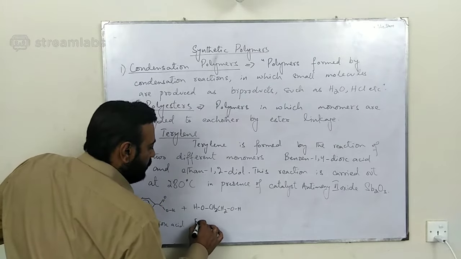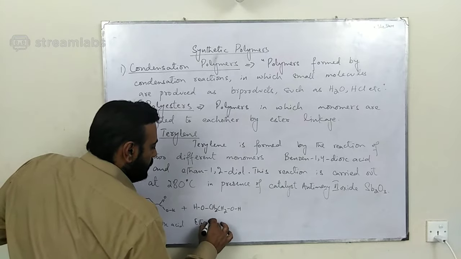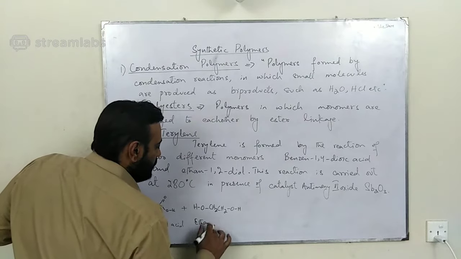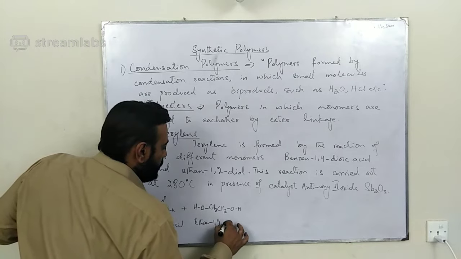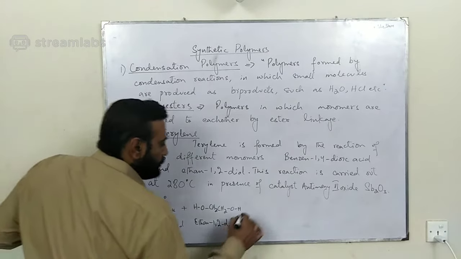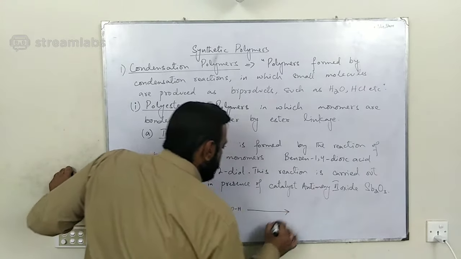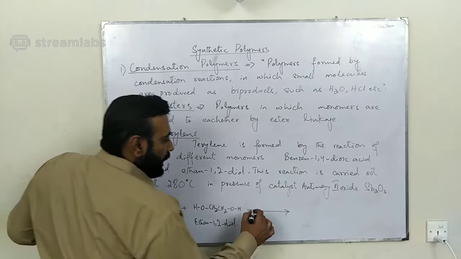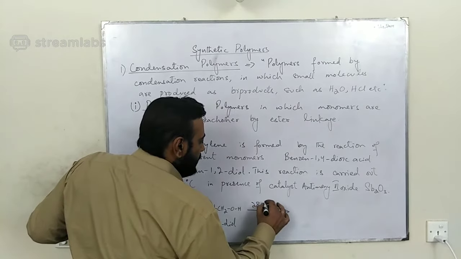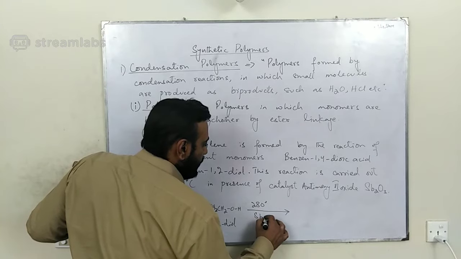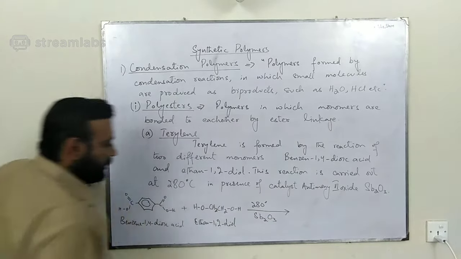And this is ethane 1,2-diol. They react with each other at a temperature of 280 degrees C and a catalyst of antimony 3 oxide.